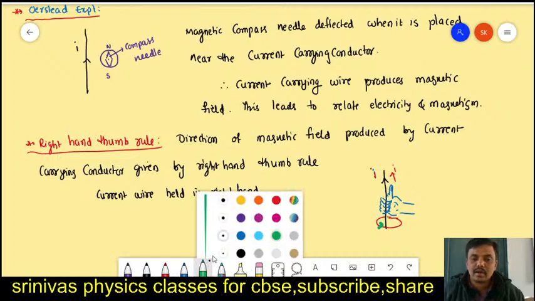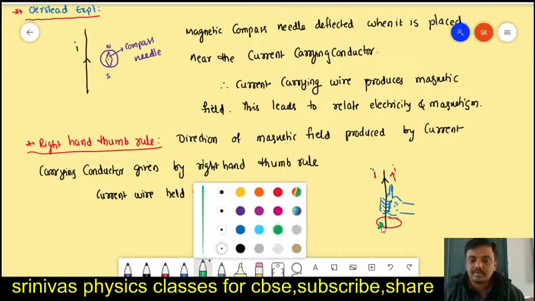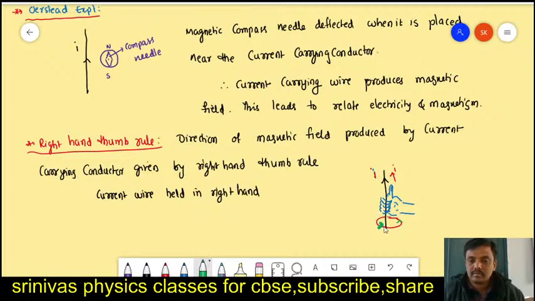The direction of the magnetic field is given by the curled fingers. Okay, now what we have to do here? The thumb shows the direction of current.